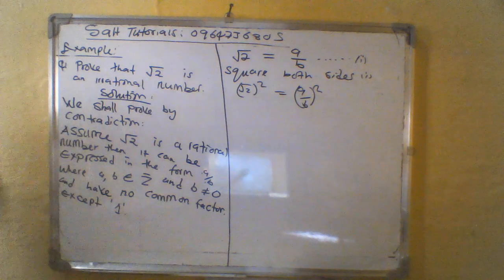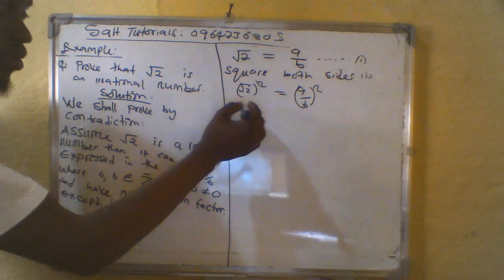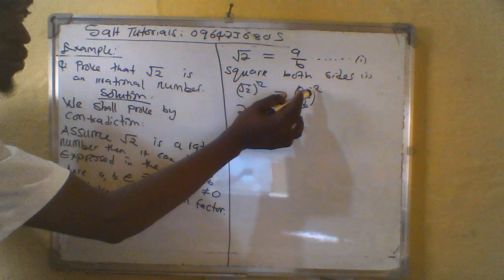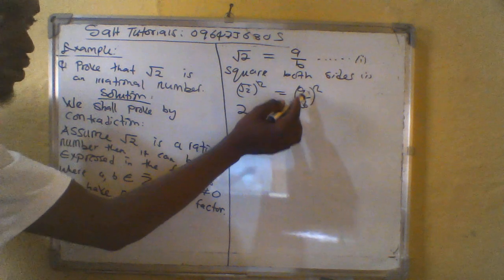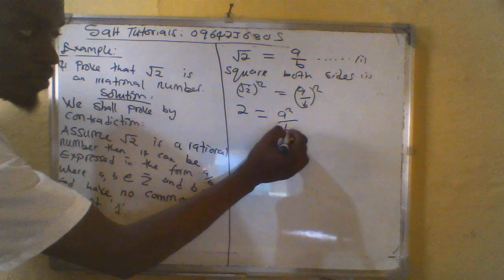Why am I squaring both sides? I'm trying to get rid of the radical there, which is a square, so that I can end up having 2 equals, if I have a over b to the power n, this power is for the numerator and the denominator again, so this can be written as a squared over b squared.